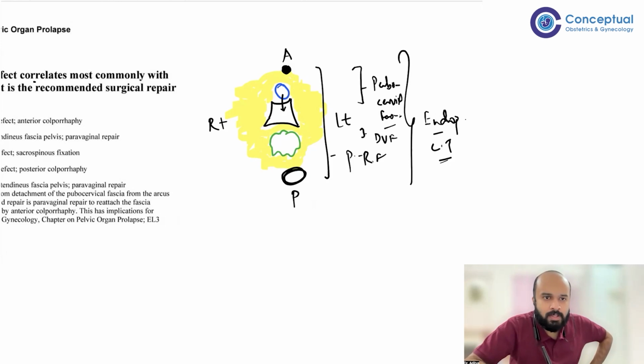Similarly, if the area between my rectum and my vagina posteriorly gets reduced, then that will lead to the rectum and posterior vaginal wall coming too close, and that will lead to a rectocele.